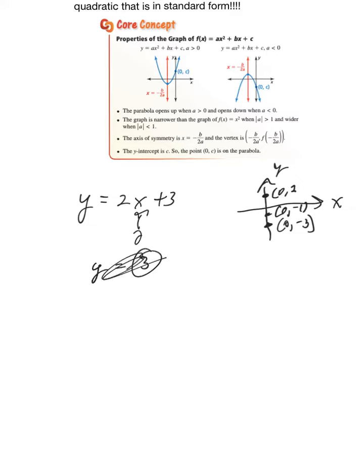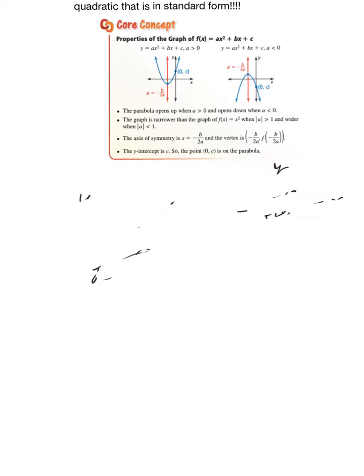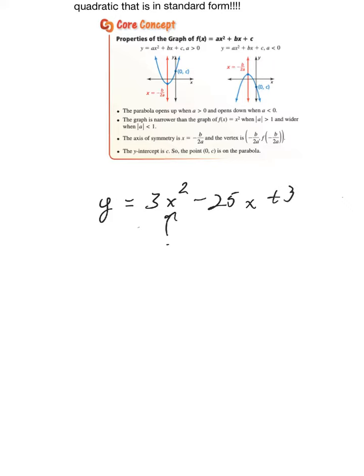So let me erase this. If I have a quadratic and I set x equal to 0, almost always we're going to find that the y-intercept is the constant. So here it is: y equals 3x squared minus 25x plus 3. Plug in 0 for x, and what do we get?